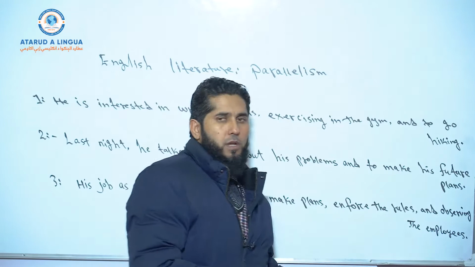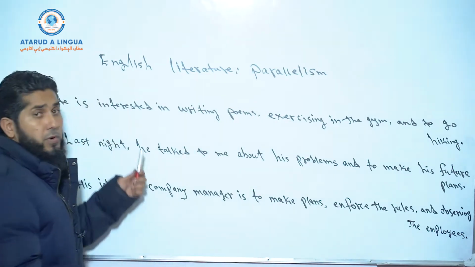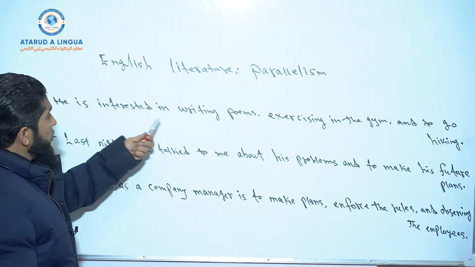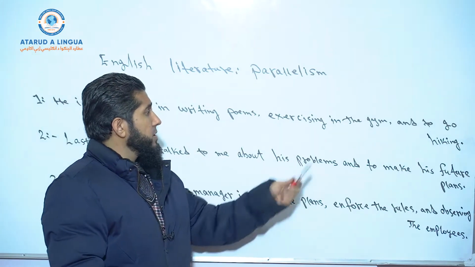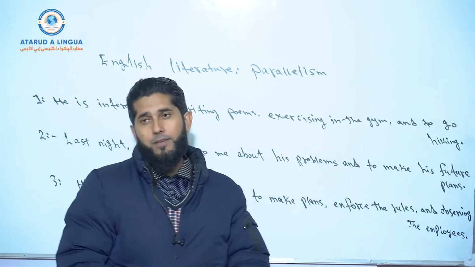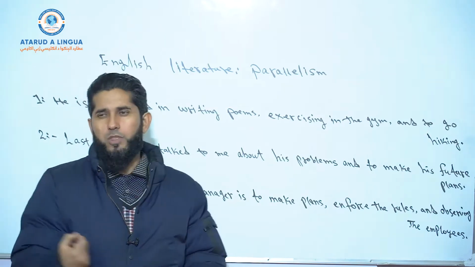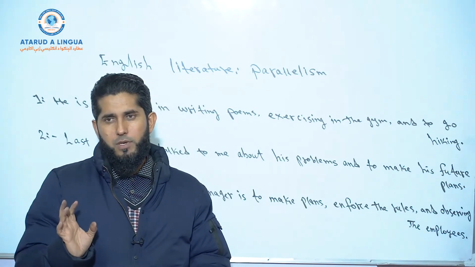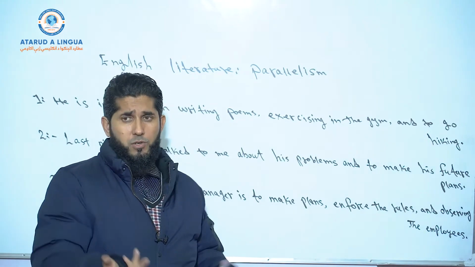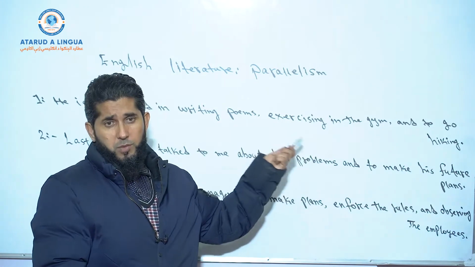So now look at these sentences. The first sentence: he is interested in writing poems, exercising in the gym, and to go hiking. There's something wrong with this sentence according to parallelism. And after my explanation, it should be obvious. You should know what the problem is, right?